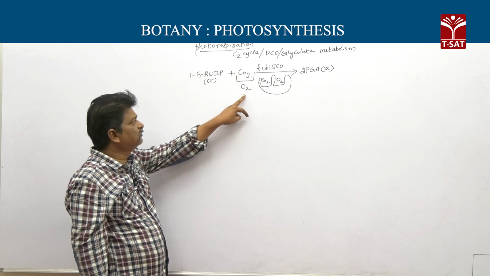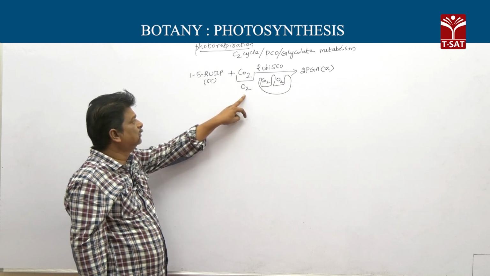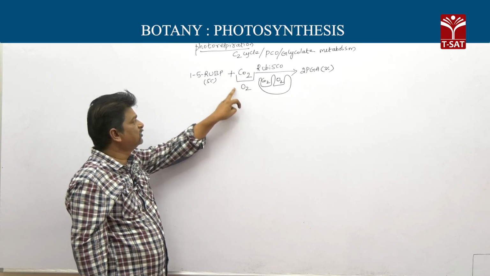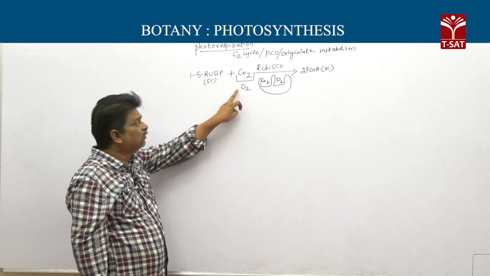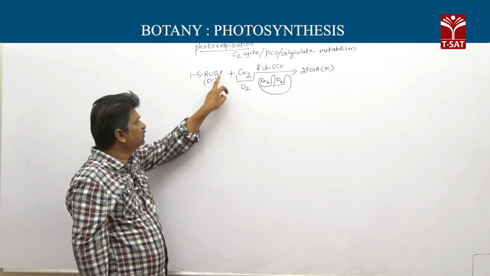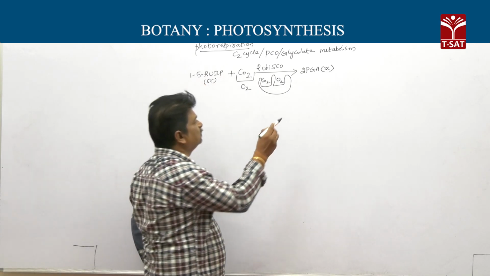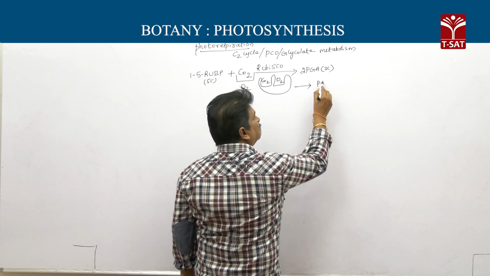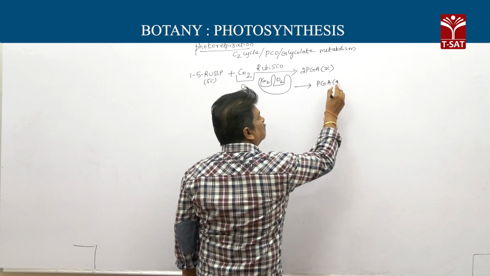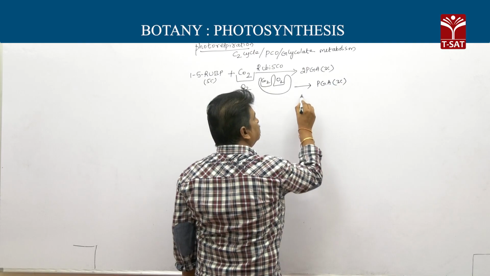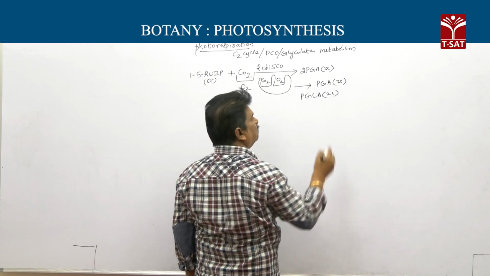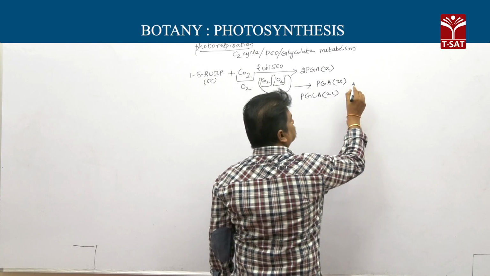Once this enzyme acts as oxygenase, instead of carbon dioxide, it fixes oxygen. If this enzyme fixes oxygen on the 5-carbon RuBP, it forms 1 molecule of phosphoglyceric acid and 1 molecule of phosphoglycolic acid.